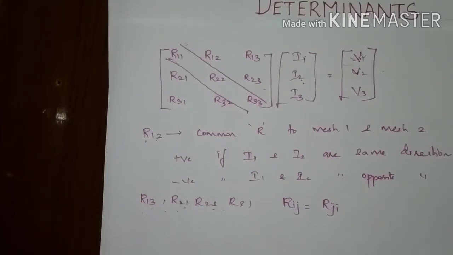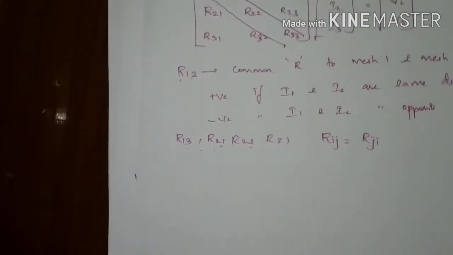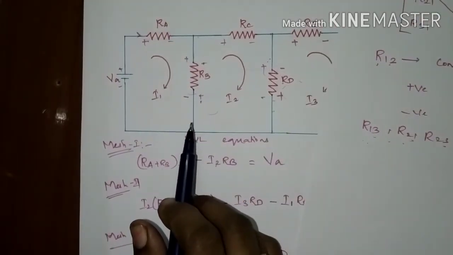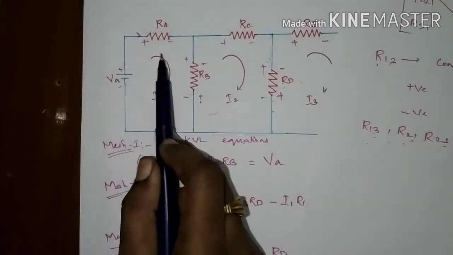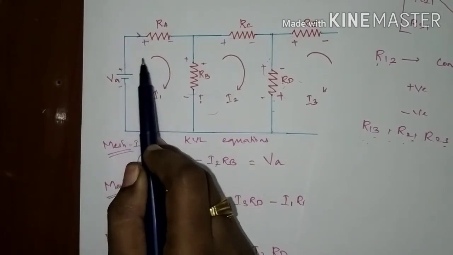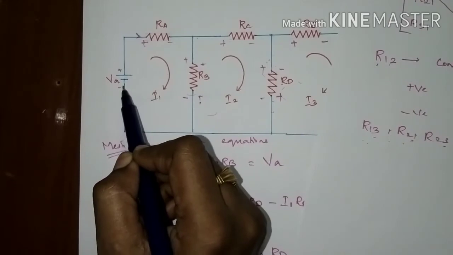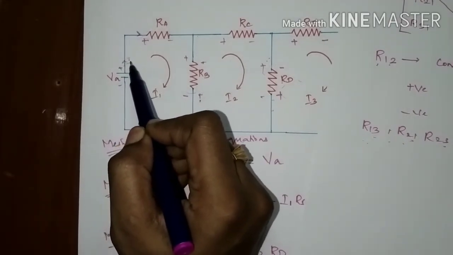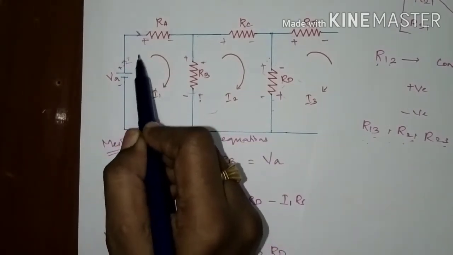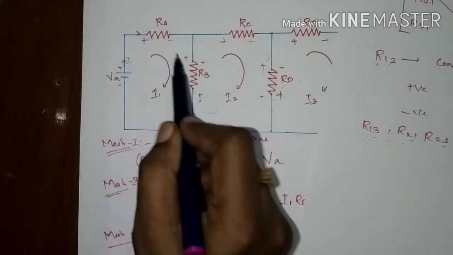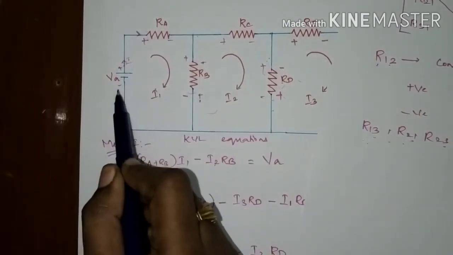Right? So, in this example, VA is driving the mesh current. It is the same as the direction of the mesh current. The current leaves the positive terminal and enters the negative terminal, same as the mesh current. So, the source is driving the mesh current, and this is positive.